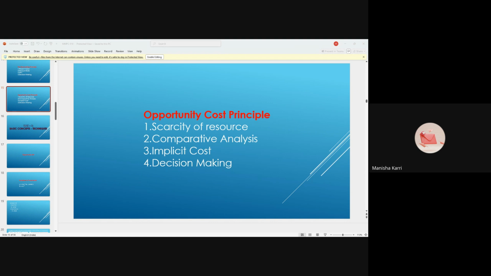As a result, choices must be made about how to allocate resources efficiently.